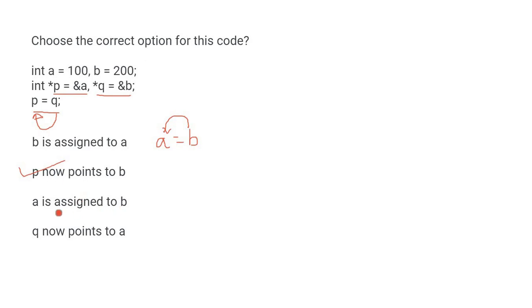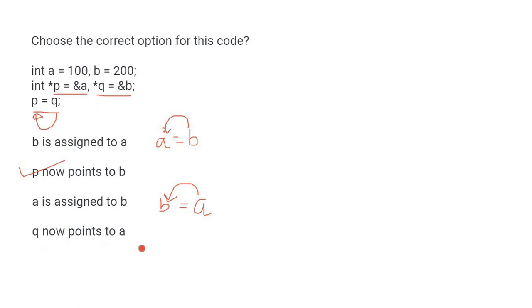Alright, let's see other options also. A is assigned to B. That's not true, because if A was assigned to B, then this would have been the correct statement.